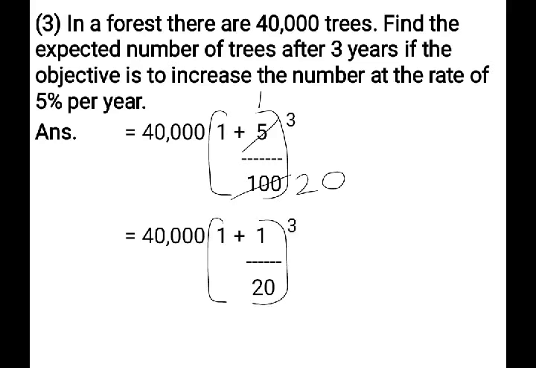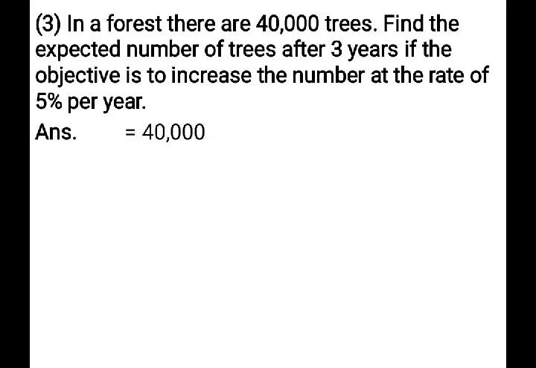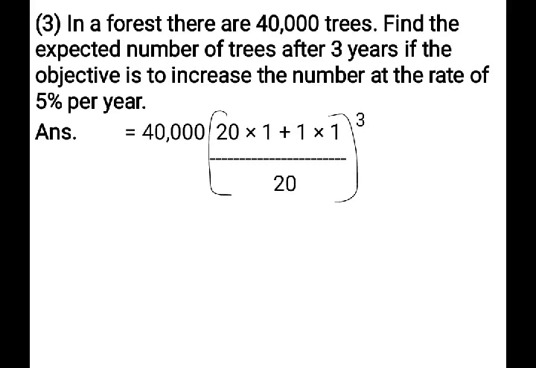Now next step, you have to write cross multiplication form in bracket. If you don't have any denominator here, take it as 1 and then write cross multiplication form. That is equal to 40,000 in bracket 20 into 1 plus 1 into 1 upon 20 raised to 3. After writing cross multiplication form, next step, you have to multiply the numerator in bracket.